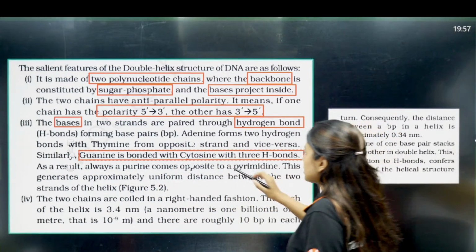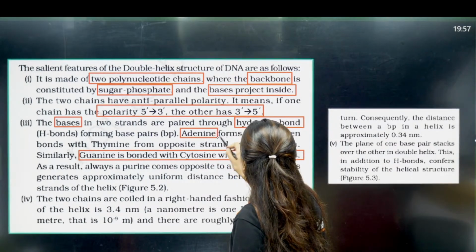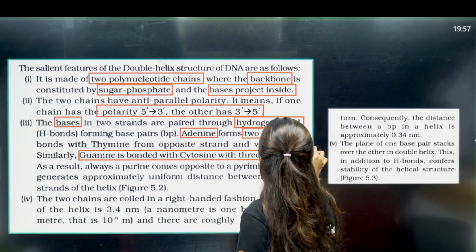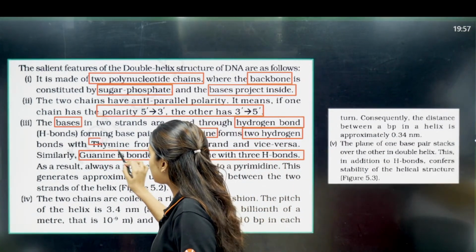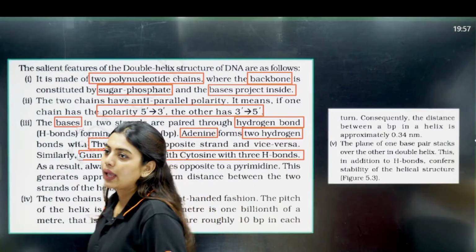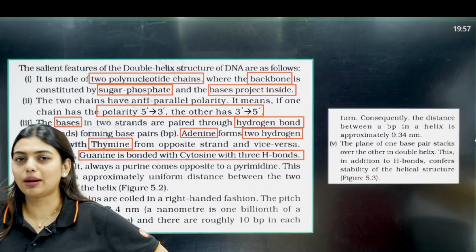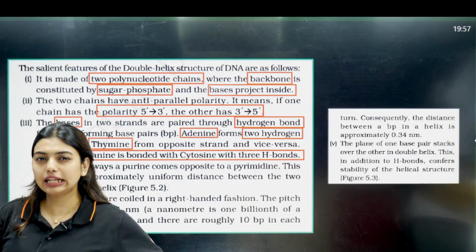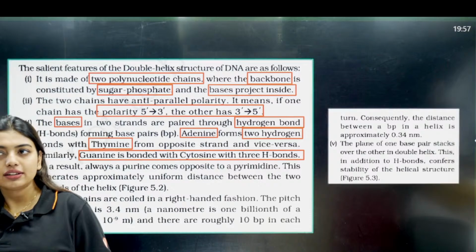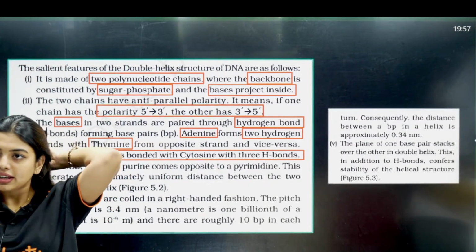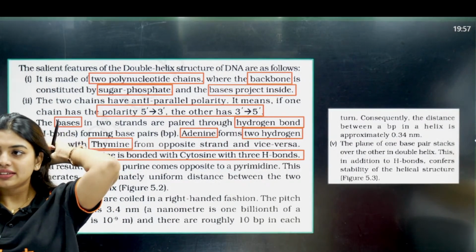and guanine is bonded with cytosine with 3 hydrogen bonds. Tell me, who is the stronger couple in this marriage? Is it adenine and thymine or cytosine and guanine? All of you tell me the answer.